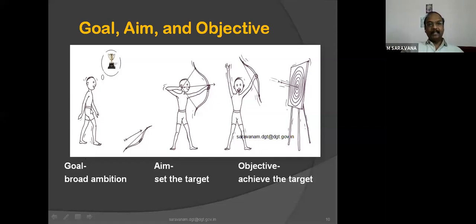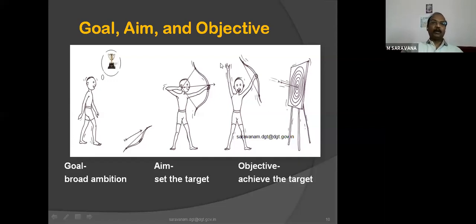For that he needs to practice a lot. Then after practicing, one day he will participate in the event, and he is aiming. He has the intention to achieve that. That is his aim. In the middle picture, we show him aiming at the target. And in the third picture you can see he has achieved the target. So achieving the target is the objective.